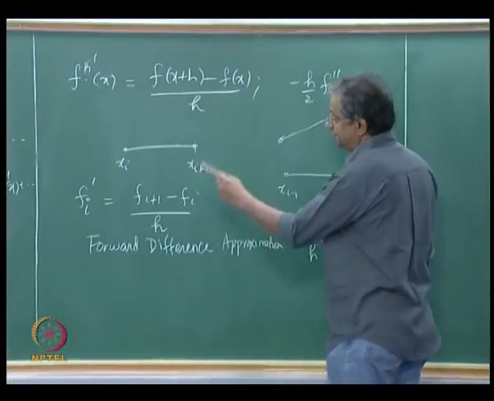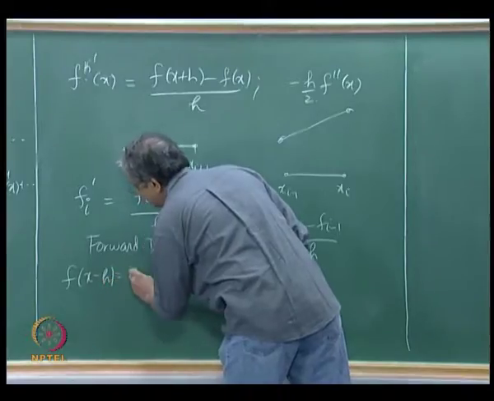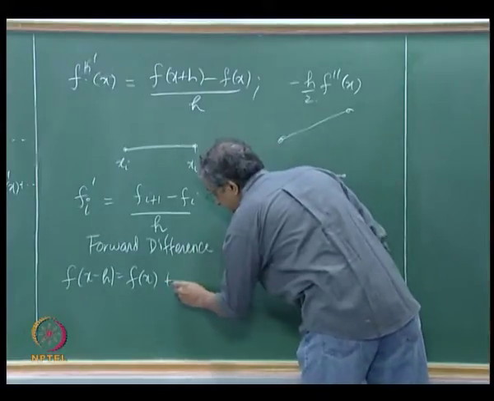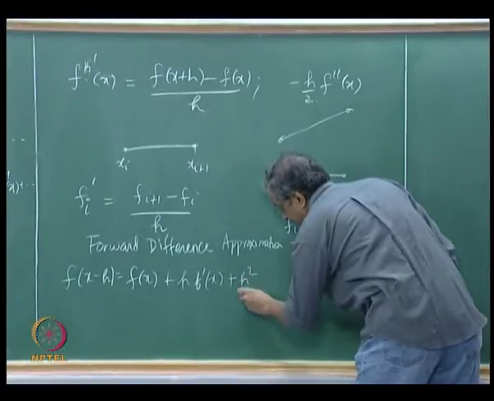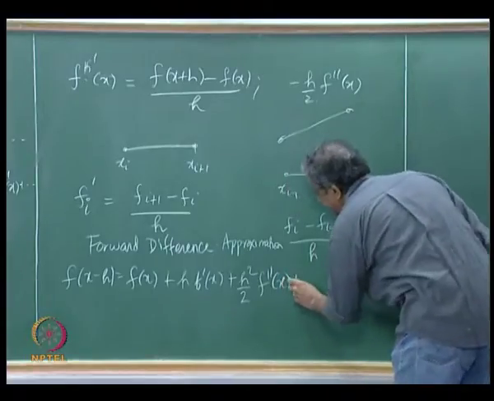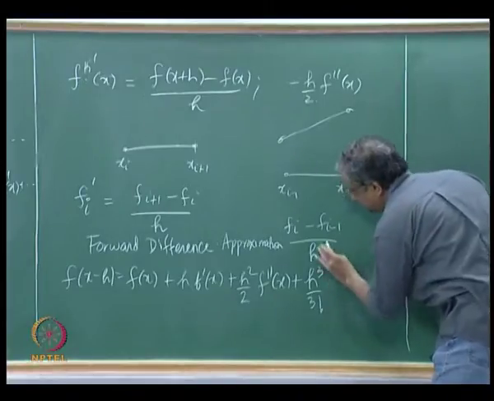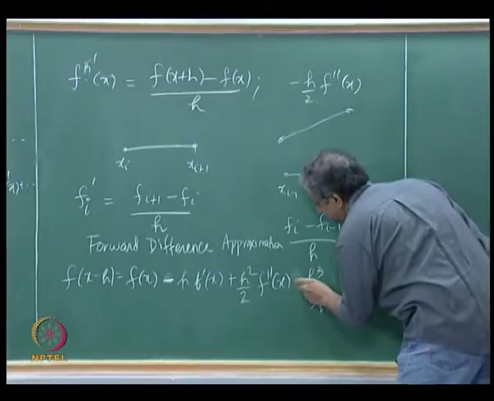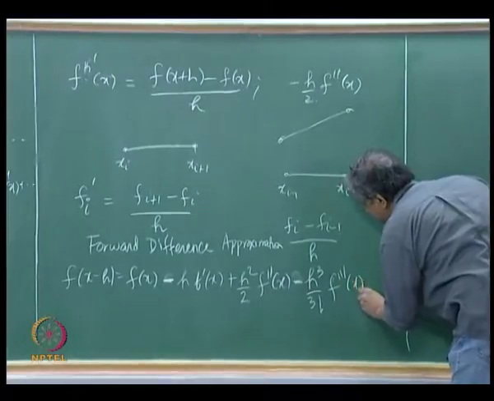In order to do that, just like we did earlier, we say f of x minus h is f of x, we just follow the same process, minus h times f prime of x plus h squared by 2 factorial second derivative of x minus h cubed by 3 factorial f triple prime of x and so on.